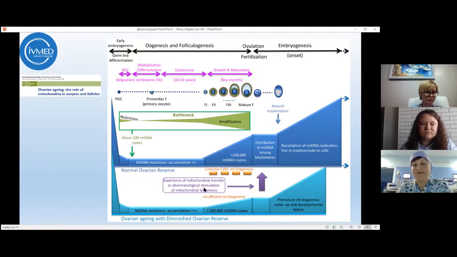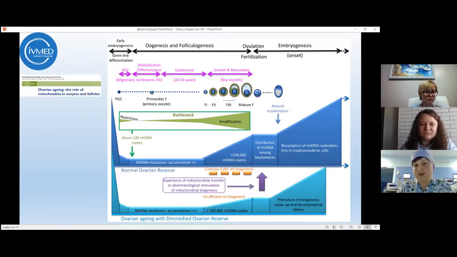Of course, if we do not have enough mitochondria, we will have a bad process of meiosis. We will also have bad cell division in the embryo, bad cleavage, and we will not obtain a good blastocyst on day 5.